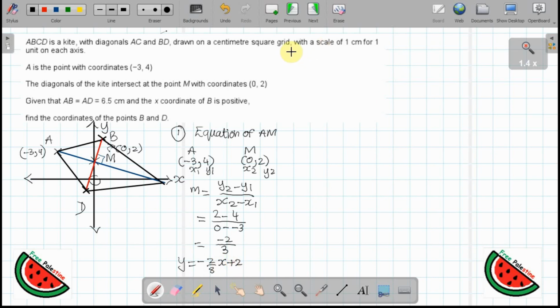Right, now off to the second step. I'll just draw a line here to separate this section off. Step number 2, we are going to find the equation of BD.